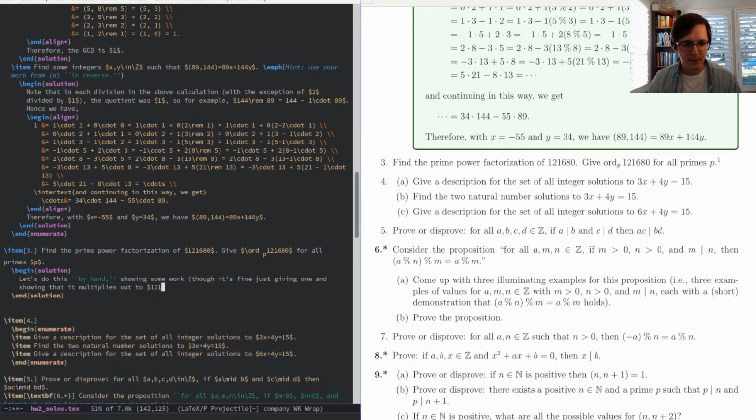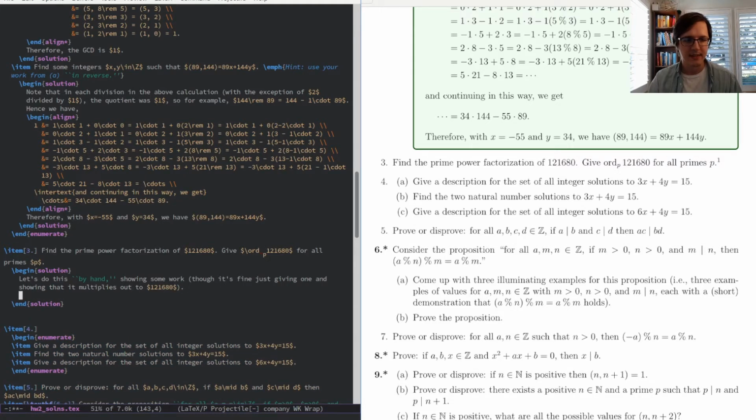So 121,680. Okay. So we see it ends in 0, so it is a multiple of 10, which is 2 times 5.